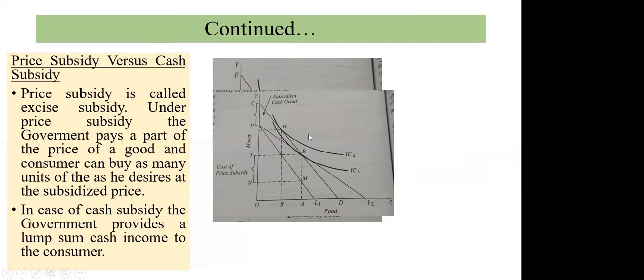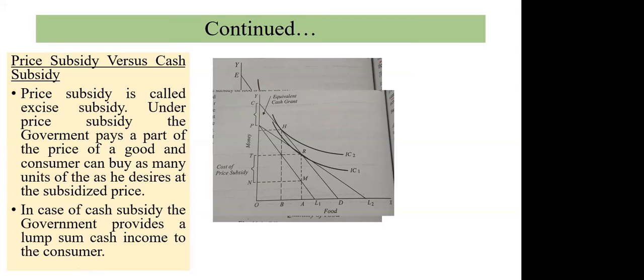So there is more satisfaction to the consumer when the lump sum grant is given to him. And we can also see that previously at point R, he was purchasing OA amount of food, but now at point H, he is purchasing OB quantity of food. So his purchase of food has also reduced. So we can say that a price subsidy is worse than a cash subsidy.